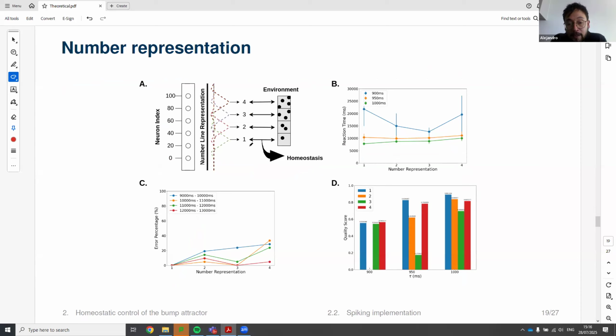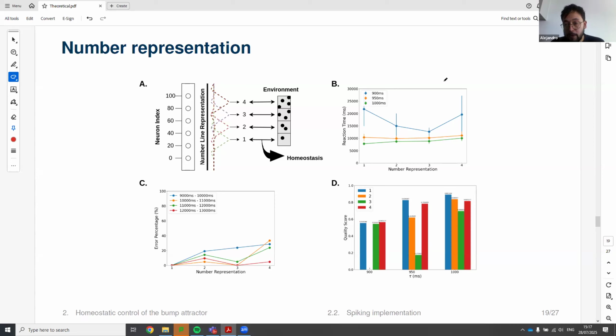It's this idea that when you see a number, you immediately know what number it is. So we divided the bump into regions. In this case, for example, we are using a different readout, a readout that only has access to some of the neurons, and then we use that to encode the number of points it sees in the environment.